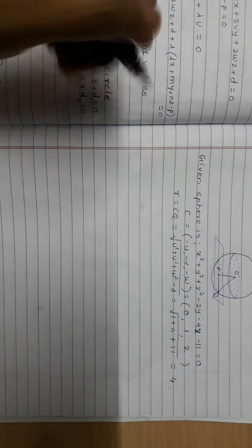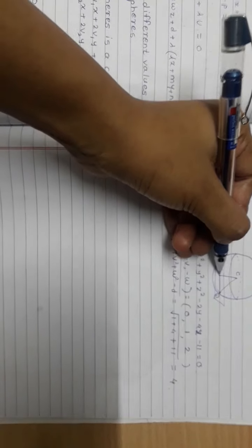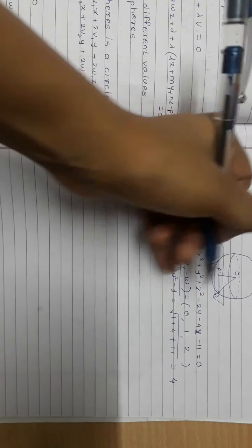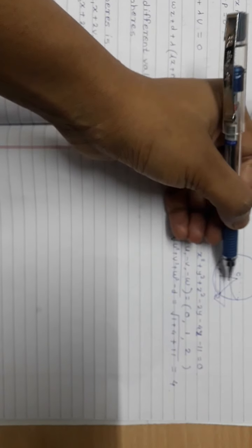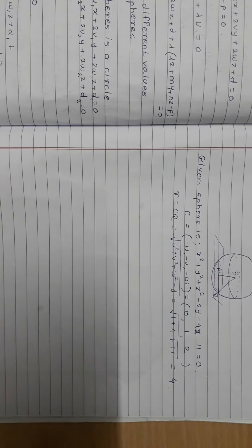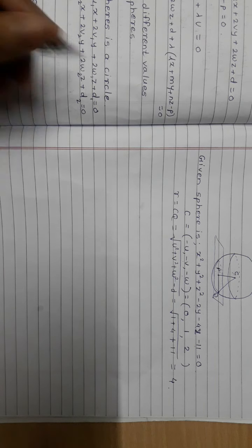The next thing, to find the coordinates for P, I'm going to find the equation of CP. Now note that CP is the perpendicular drawn from this center C. So that means this is just a normal to the plane, right?